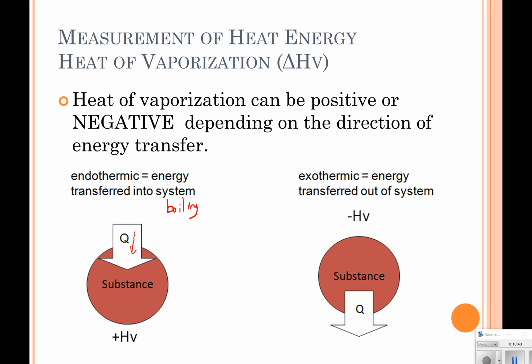You have to input energy, a positive value for heat of vaporization, in order to boil a substance. If we have a net decrease in energy, or we have heat leaving the substance, we're going to see a negative heat of vaporization value, and that's going to indicate exothermic change, energy leaving the system.